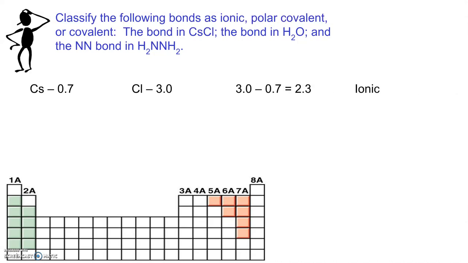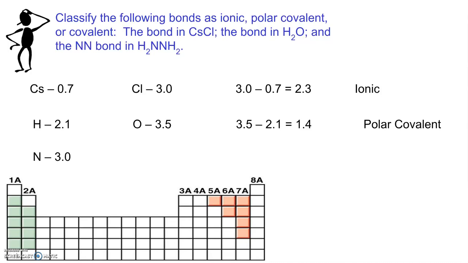So if we take cesium chloride and take the electronegativity difference, it is ionic. And of course we know cesium is on the left and chlorine's on the right. If we look at water and take the electronegativity difference of hydrogen and oxygen, 1.4, polar covalent.